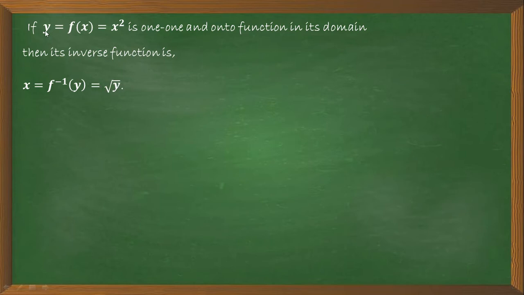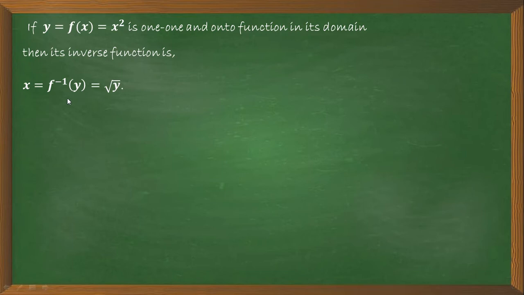So if y is equal to f of x is the given function, then x is equal to f inverse of y is its inverse. Here, if y is equal to x square, then the inverse is x is equal to root y.